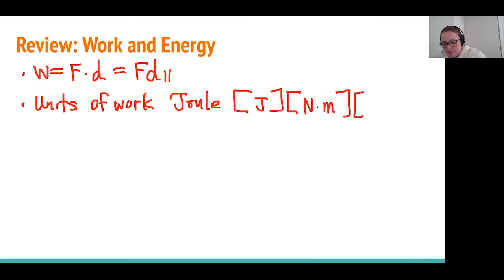A Newton is kilogram times meters over a second squared, times meters. So kilograms times meters squared over seconds squared is the simplest form. That's the unit we would use to describe work. But just to check that things are dimensionally consistent, that's a good way of breaking down your units so you can figure out what cancels out and what doesn't.